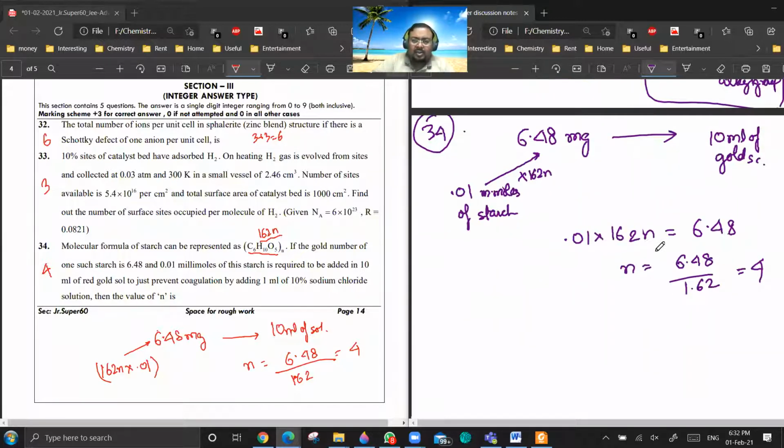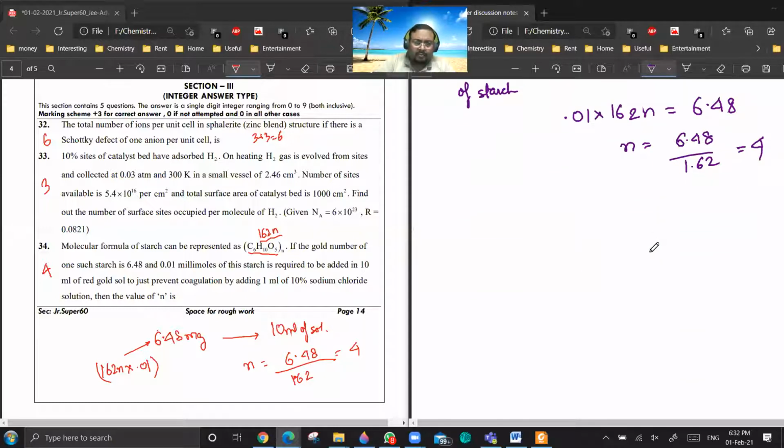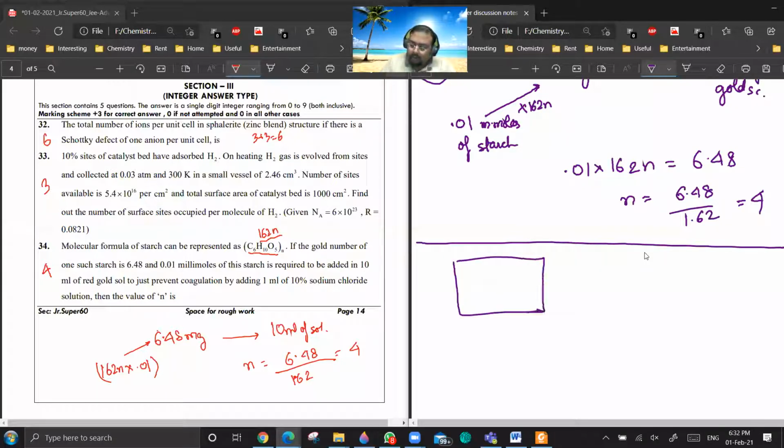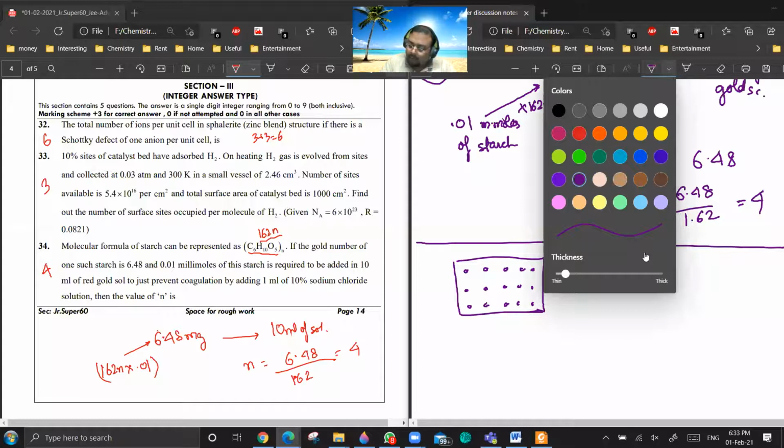Okay, 33 is something. Have I discussed 33 in the notes? No. There are two like questions. I think the same model, sir. It is similar to that. Okay, let me discuss it again. Okay. See, you have 10% of sites on a catalyst bed which are occupied by H2. Say these are the sites. Okay. These are the sites. And some of them are occupied by H2.